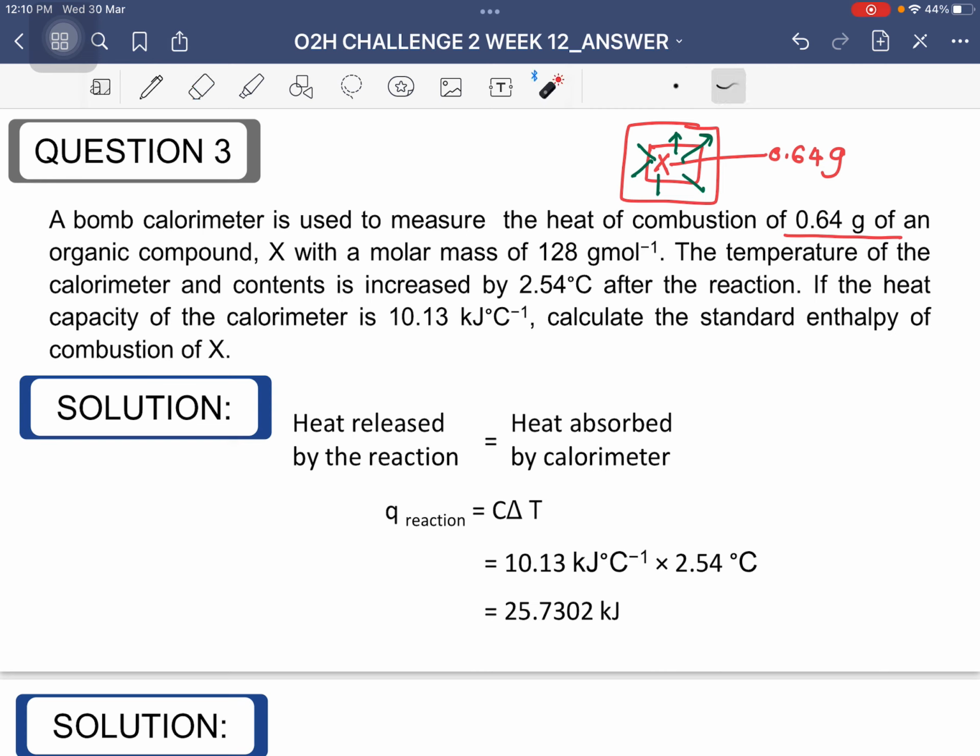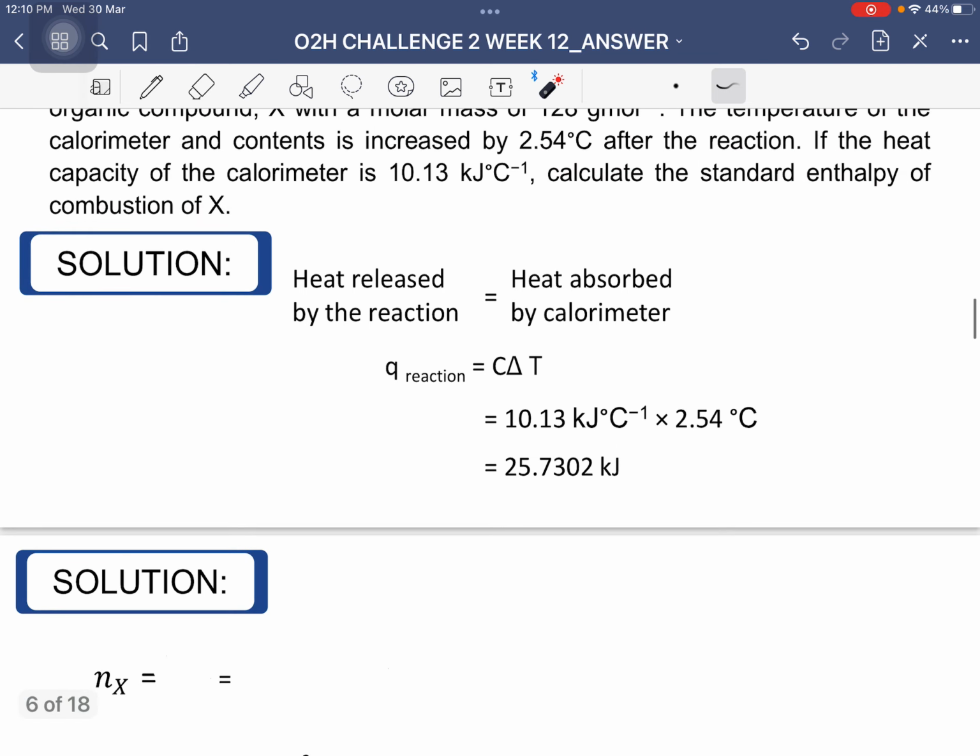Maksudnya bila kita bakar 0.64 gram ni, tenaga yang dibebaskan daripada pembakaran tu diserap oleh calorimeter, sebanyak 25.73. So ataupun tenaga daripada pembakaran 0.64 gram tu, dia akan membebaskan tenaga sebanyak 25.7302.